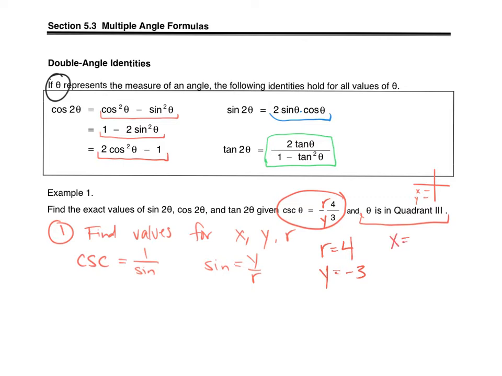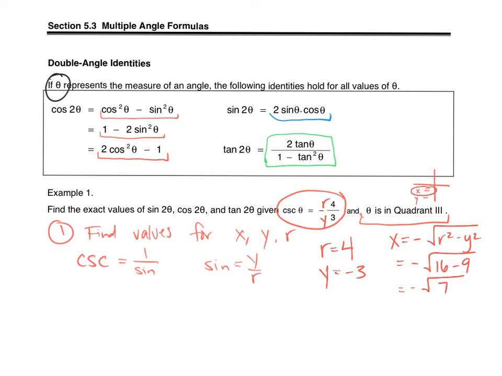So x is going to equal the square root of r squared minus y squared. But because I'm in quadrant 3, it's going to be the negative value of that square root. So that equals negative square root of r squared, which is 16, minus -3 squared, which is +9, so I subtract 9, which gives the negative square root of 7.